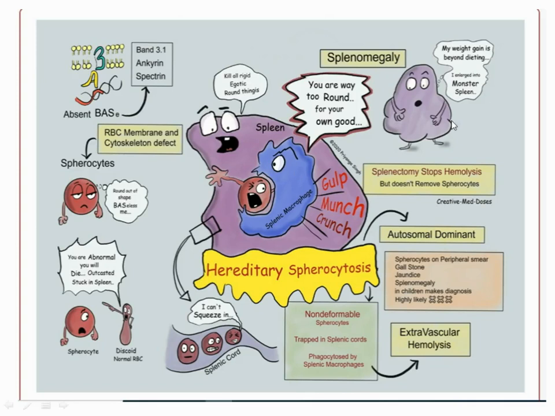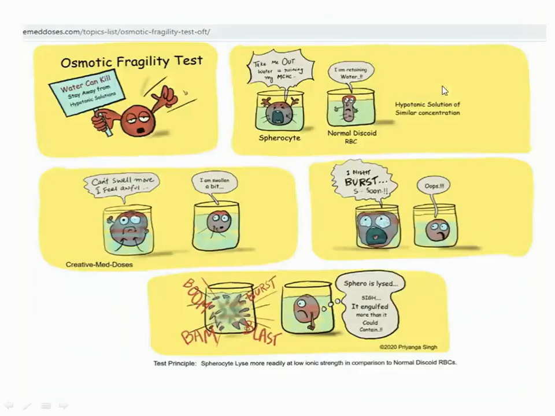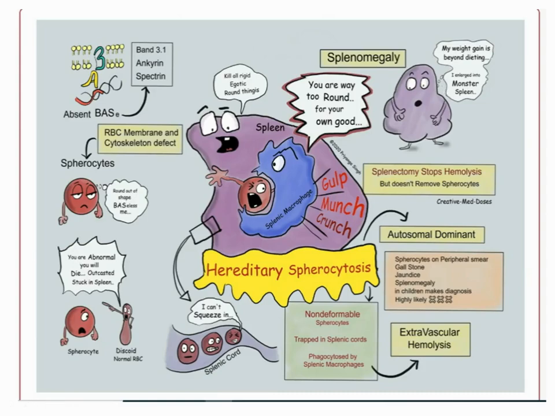We see the spleen here enlarged into a monster spleen, and they can't leave the spleen and may be engulfed by the splenic macrophages, with destruction of the RBCs, leading to anemia.